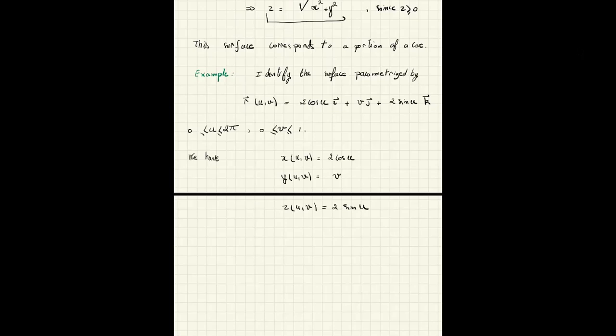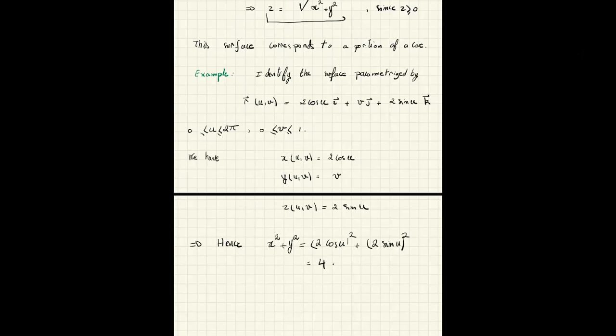Okay, so what does it mean here? It means that x squared plus z squared is 2 cos u squared plus 2 sine u squared, which is equal to 4. Okay?